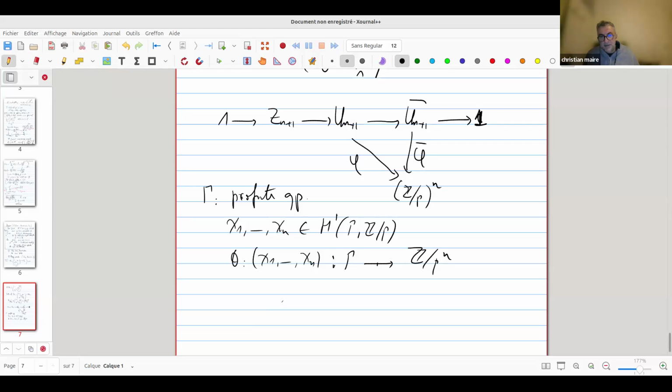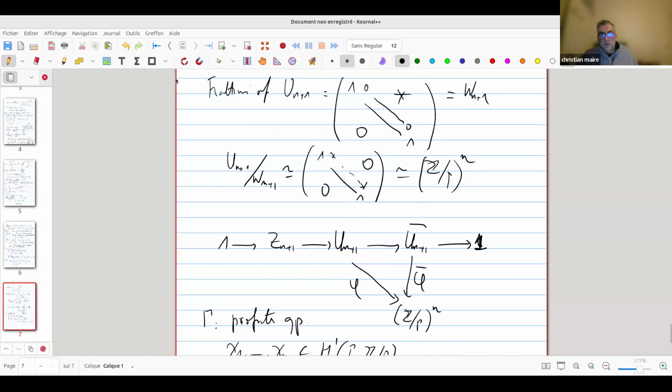So the question of Massey product, maybe I can do a picture here. You start with gamma here, and a map like this, theta.